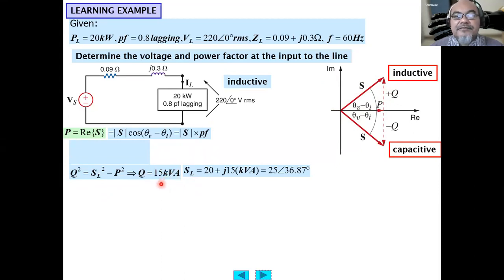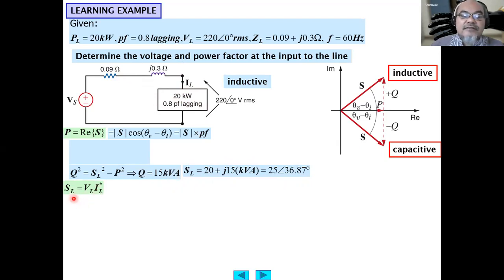Okay, and the SL here equals 20 plus j15 kilovolt ampere. Or in phasor format, it equals 25 with a phasor angle of 36.87 degrees.